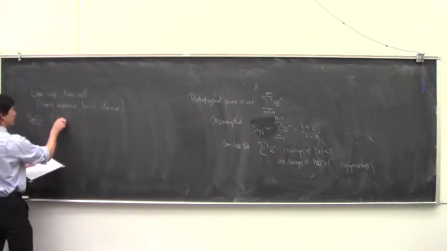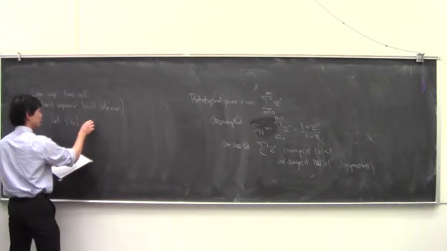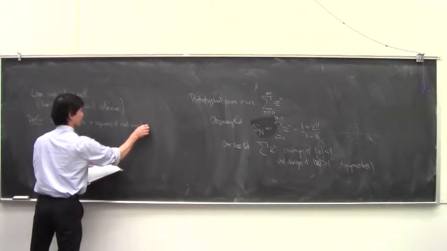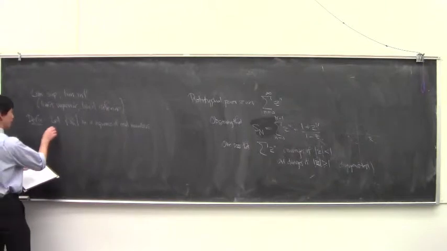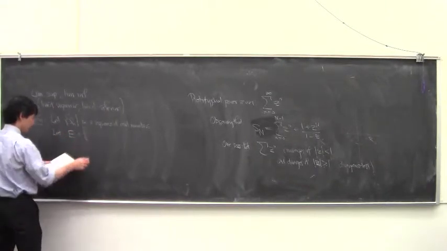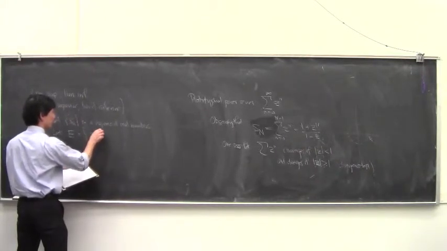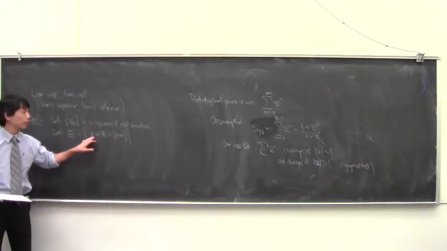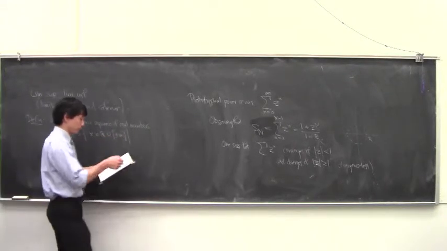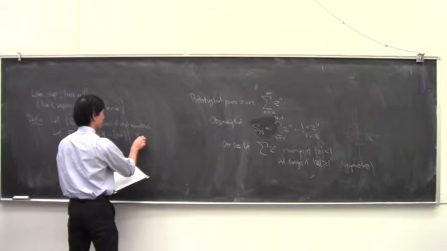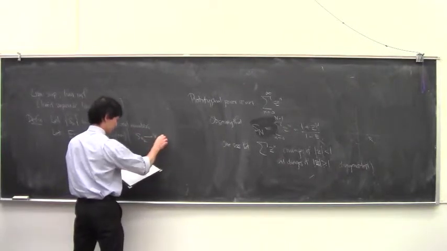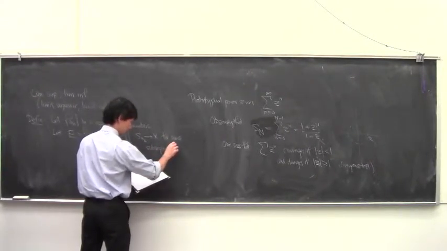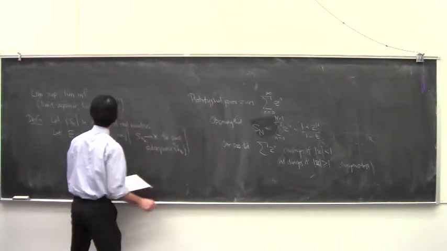Let S sub n be a sequence of real numbers, and let E be the collection of x in the extended reals, so x can be a real number, or positive infinity or negative infinity, such that S sub n_k converges to x for some subsequence S sub n_k.